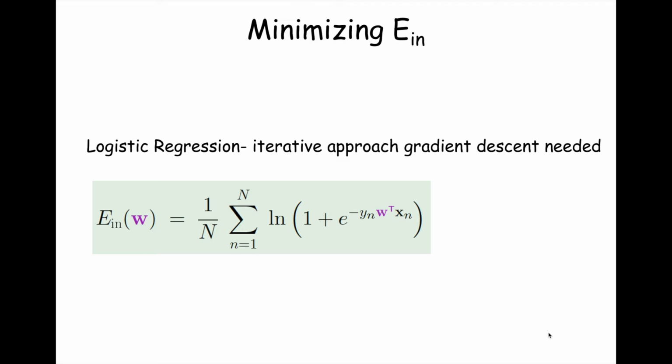And as such, whenever a +1 label is associated with an in-sample point, that means that more probability is associated with the +1 alternative versus the probability assigned to the -1 alternative.